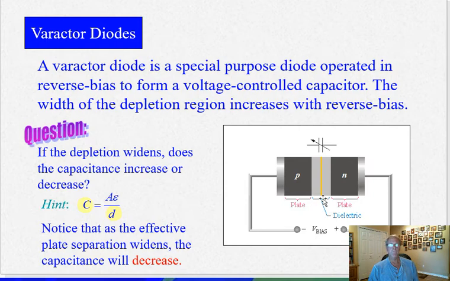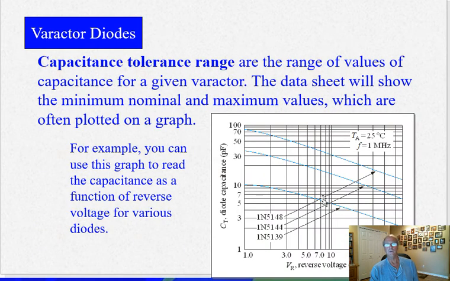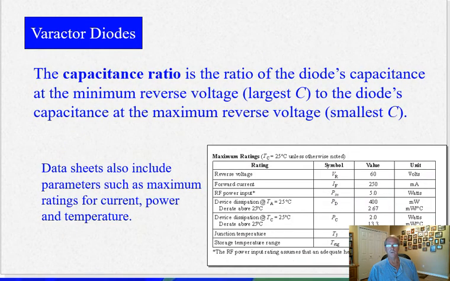Okay. Yeah, here's a curve. All right. So here's where we're increasing the reverse voltage and the capacitance goes down. So this is capacitance in picofarads over here, and this is reverse bias here. So when you put a varactor diode, and here's a data sheet.